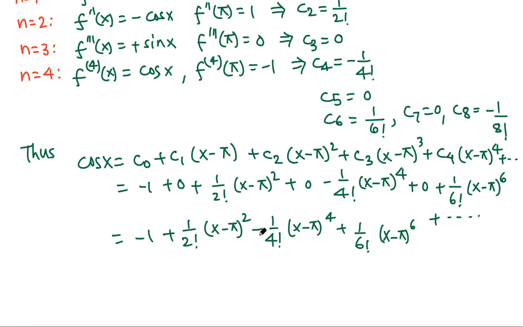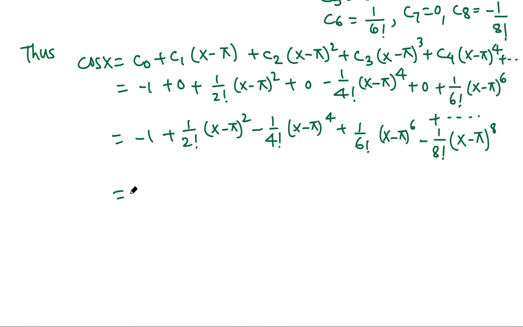The next would be minus 1 over 8 factorial (x minus pi) to the eighth. You don't have to write everything, but if we write more terms, then we can easily write down the sum from n equals 0 through infinity.